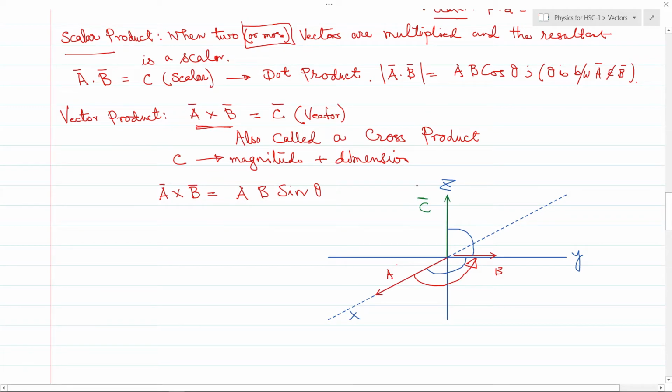This will follow our right hand rule system. What does it mean?